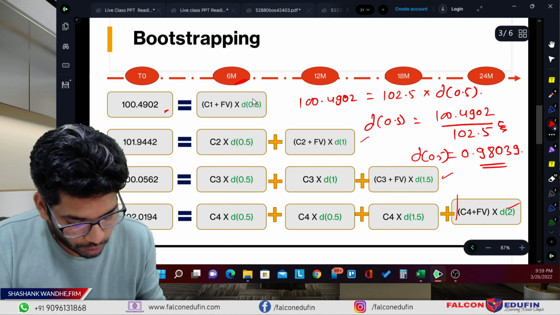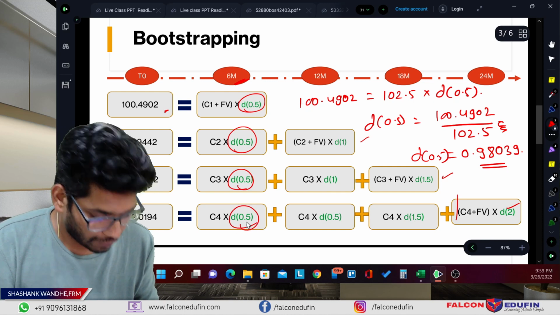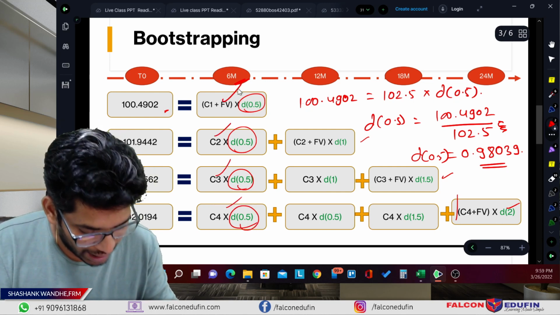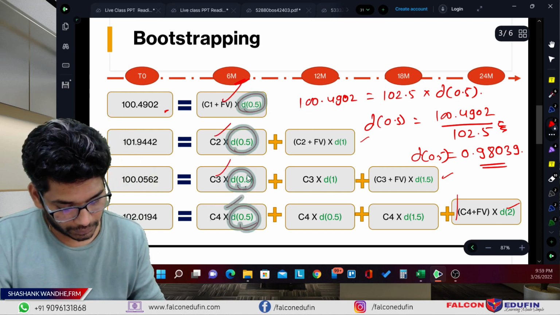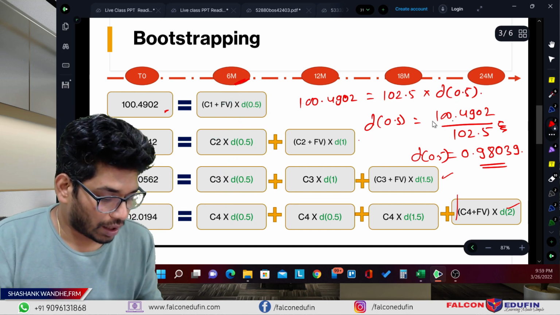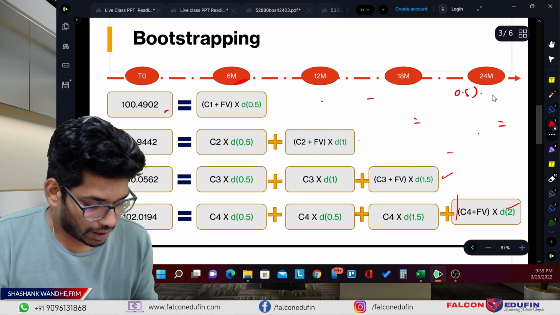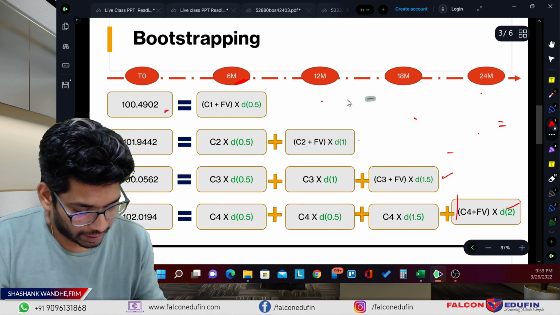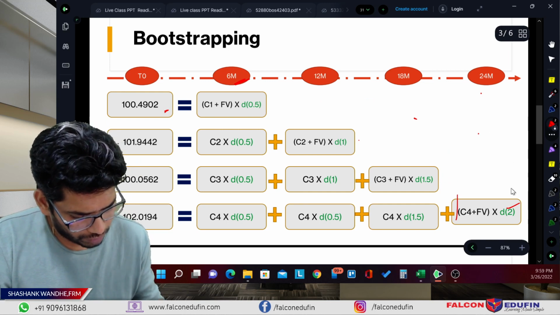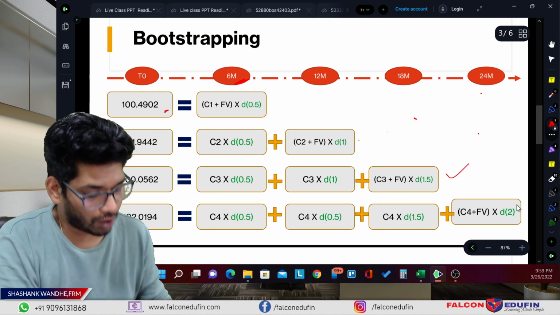As soon as you get D.5, all these terms are solved. Next, we will talk about the second bond. For now, let's reserve your discount factor, and I will solve only up to 2 bonds, and then you can carry forward with the remaining bonds.